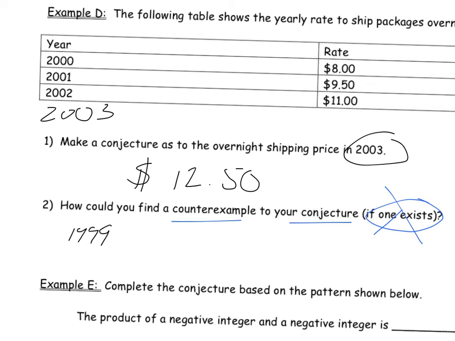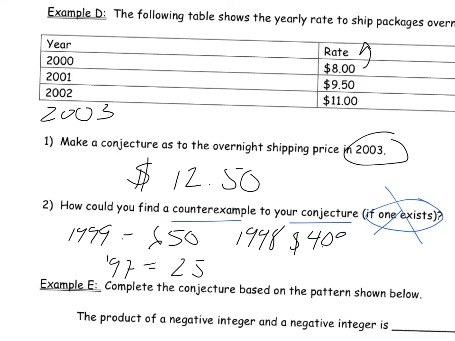We'd have to subtract $1.50, right? 1999 would equal $6.50. And if we went past that to 1998, now we're at $4. And if we went further than that, back in 97, that would mean that it was $2.50. And in 96, it would have been $1 for shipping.